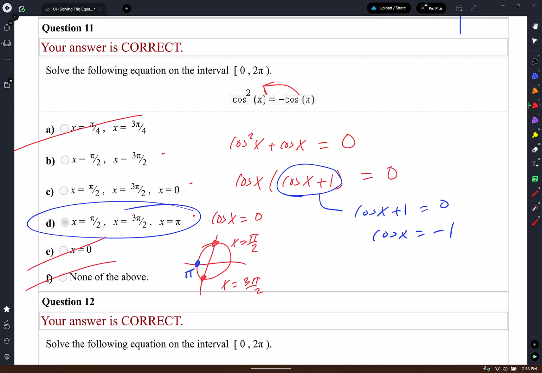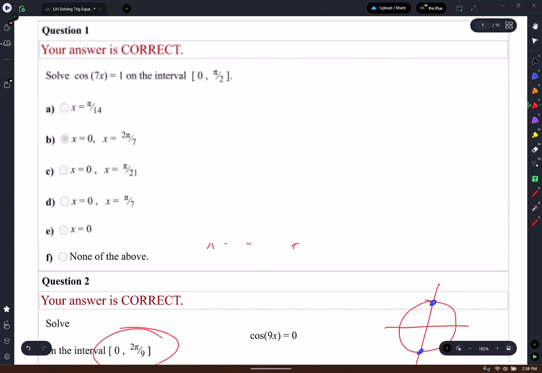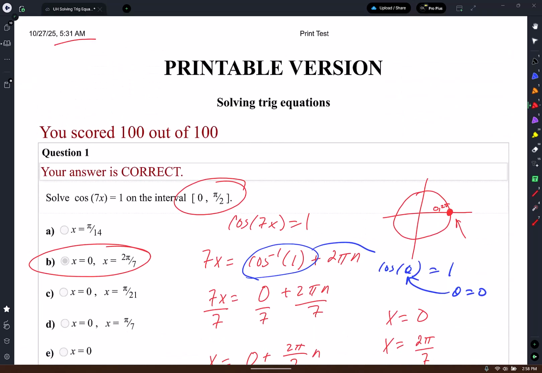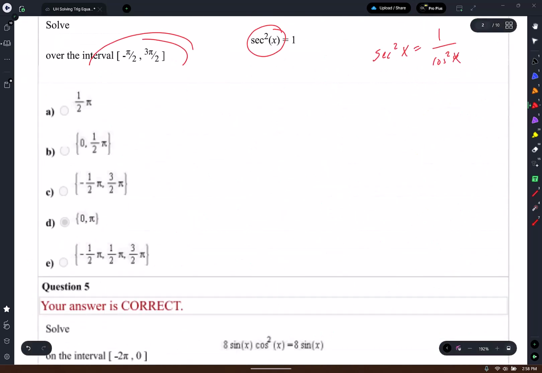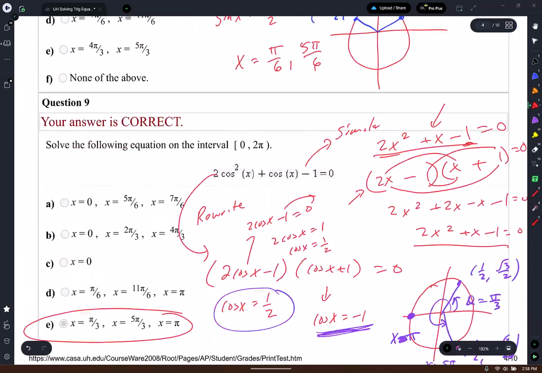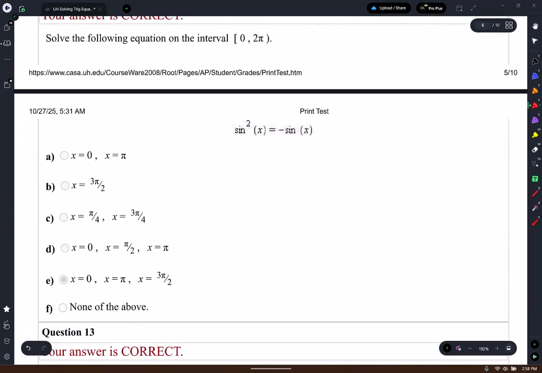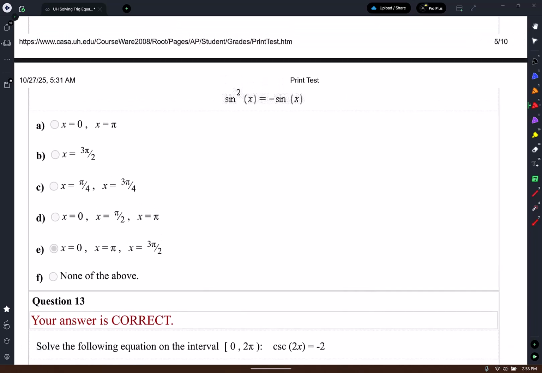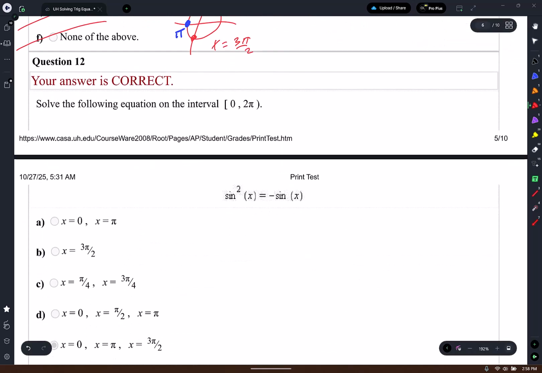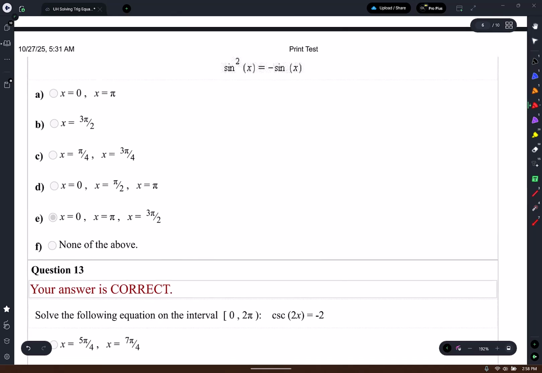I took this quiz this morning because no one has taken it yet. What time did I take it at? It was like 5:31 a.m. You don't like these? You said this is literally the worst thing you've ever seen?